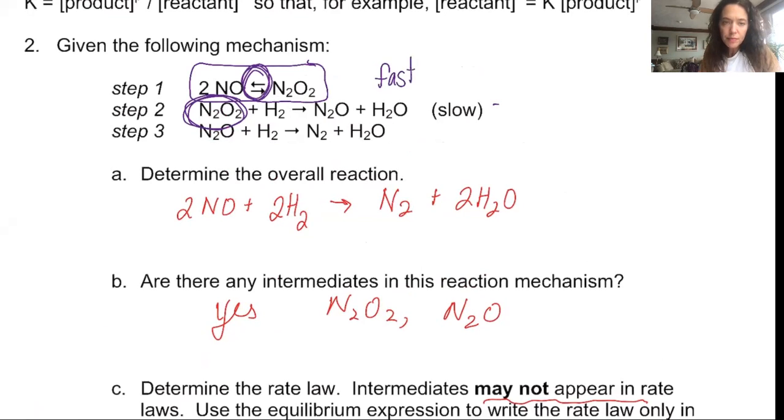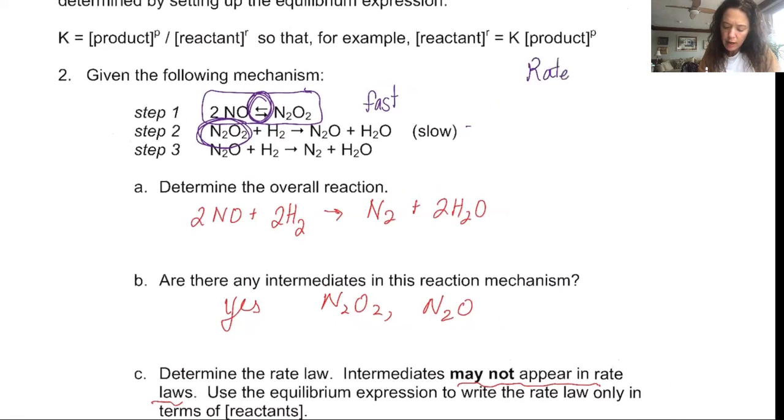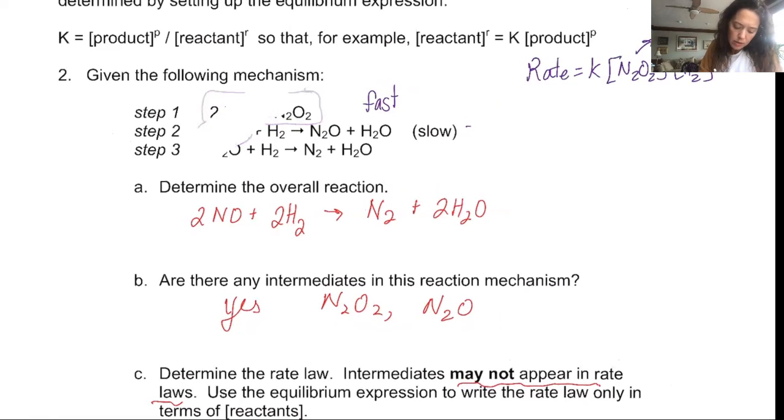So the problem is we have an intermediate in our rate law. Our rate law right now, according to our slow step, is N2O2, H2. As we said, we must redefine this. So this is always the thing we're going to do. We're going to go to our equilibrium step.